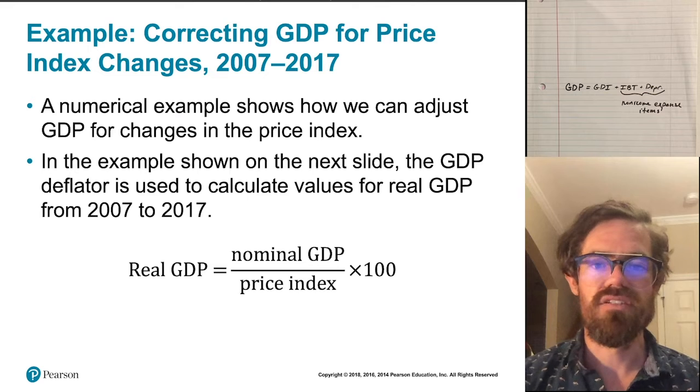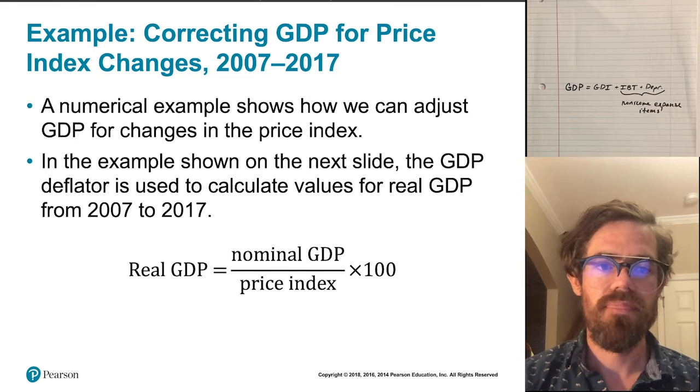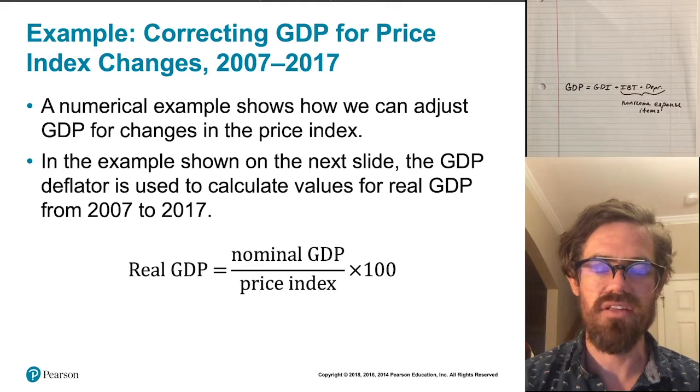So here's a numerical example to show us how we can adjust GDP for changes in a price index. In the example shown on the next slide, the GDP deflator will be used to calculate values for real GDP from 2007 to 2017. But basically, if we want to calculate real GDP, we take nominal GDP, which is expressed in current dollars, today's dollars.